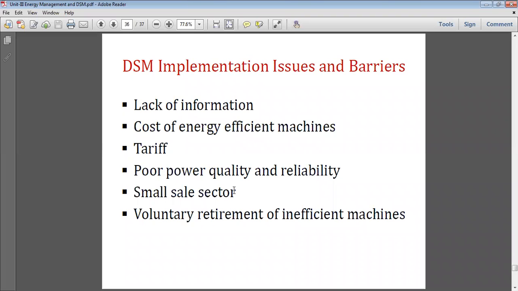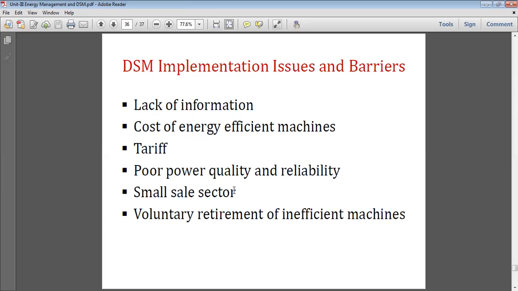There is a deficit of reactive power in the daytime, whereas in the night time there is a surplus of reactive power. So because of such information, small group discussions and awareness camps will definitely avoid such a barrier. So the very big barrier is the lack of information to the consumers or customers.